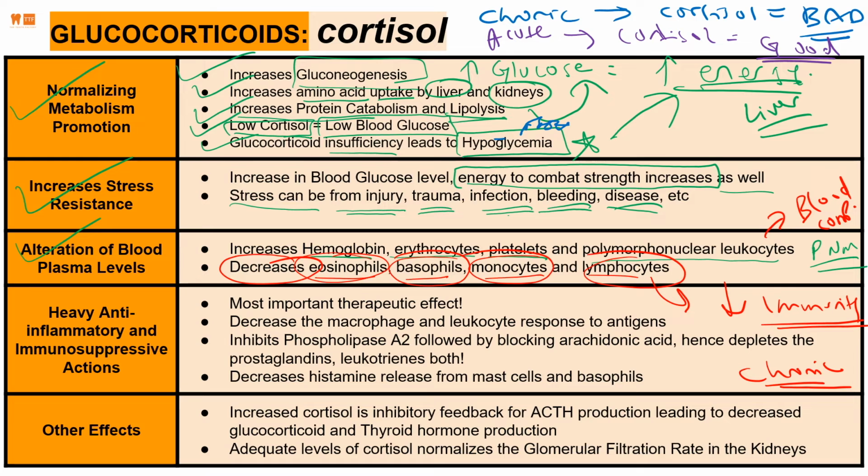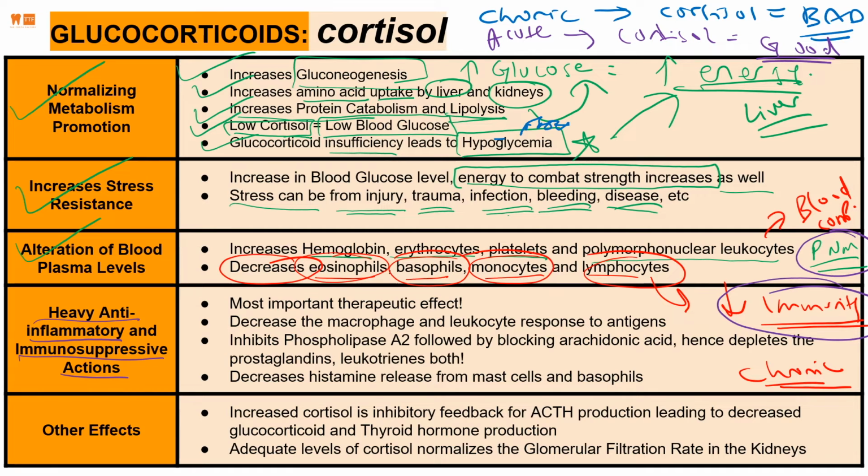Whenever there is a very simple, say, nose congestion, right? Nose congestion. Then a PMN increase occurs because it thinks there's bacteria, there's foreign body, acute infection. It goes up. Therefore, it has a heavy anti-inflammatory. However, during like cancer or systemic diseases, if you offer corticosteroids, it will work as immunosuppressant. Therefore, during chronic conditions, cortisol is actually not a good sign.